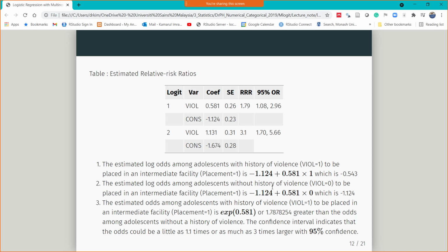If they don't have any history of violence, the log odds was minus 1.124, because now 0 refers to non-violent adolescents.